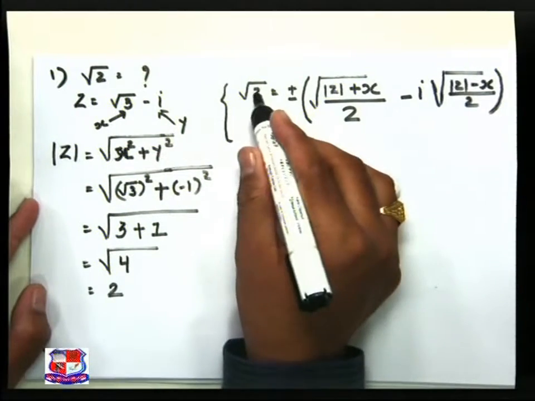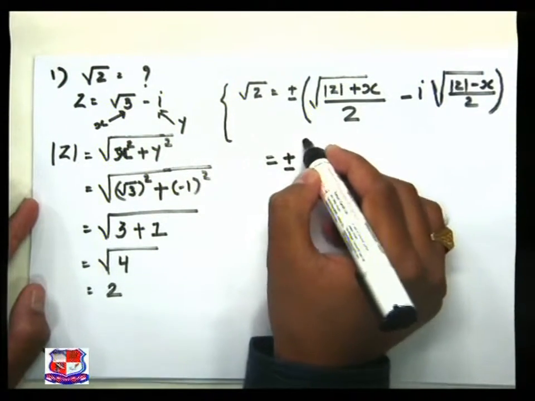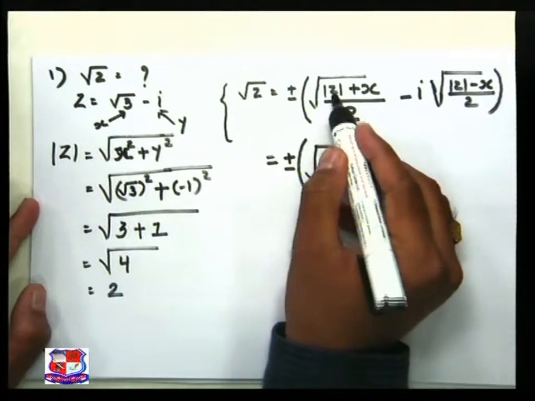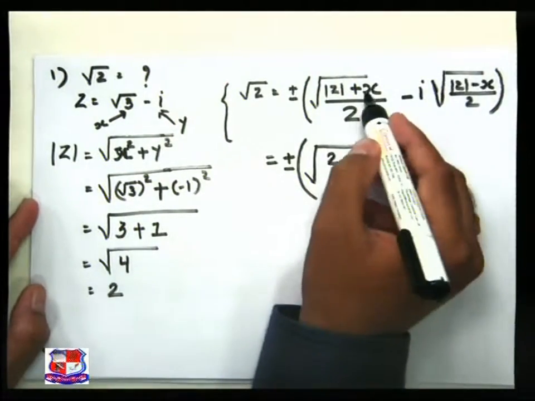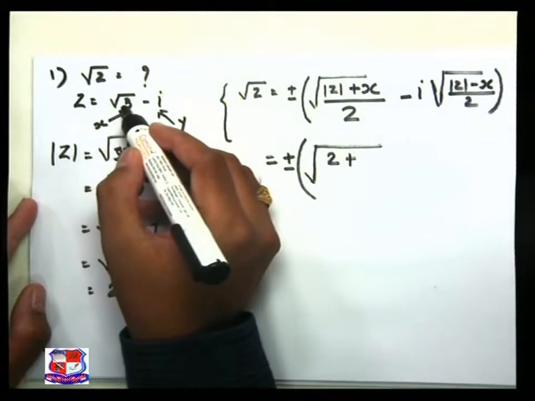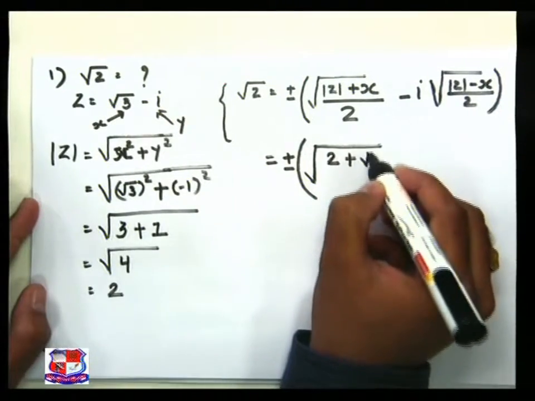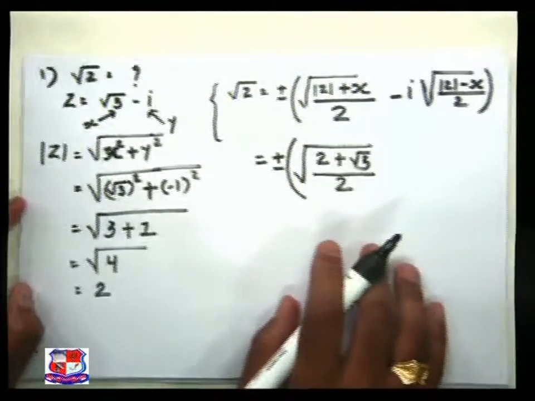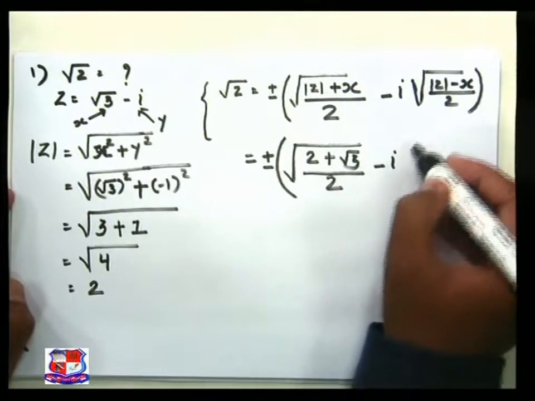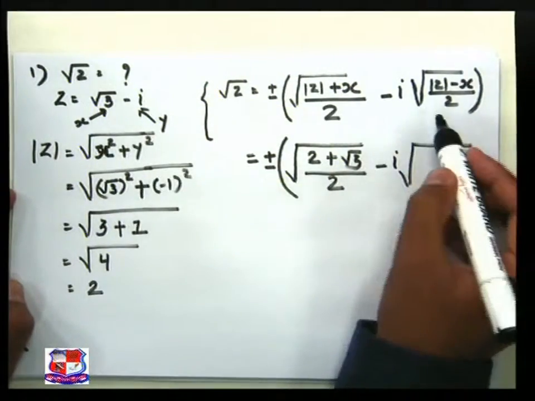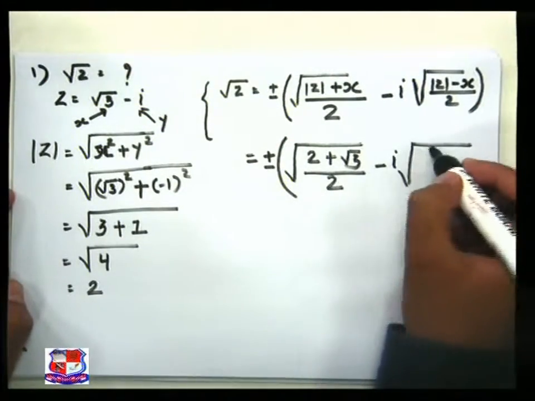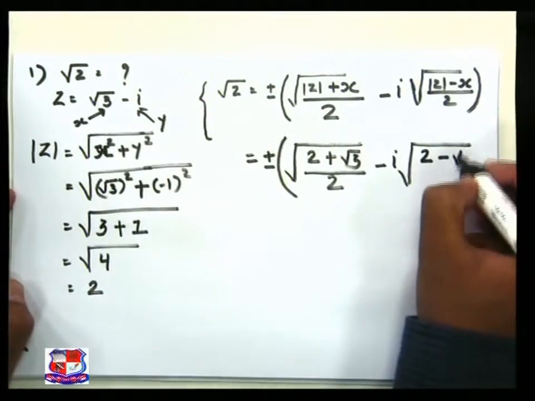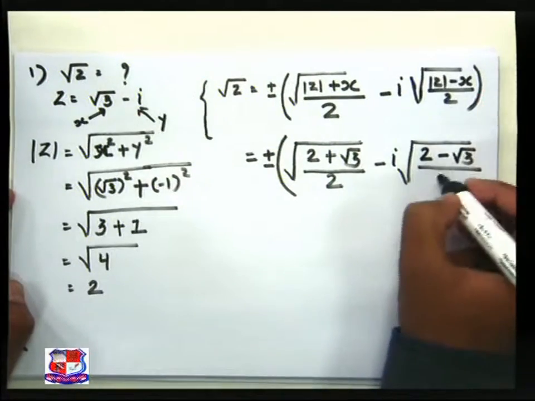Under root of z is equal to plus or minus under root of mod of z, here 2, plus x value, that is under root of 3, divided by 2, minus sign as it is, i as it is, under root of, again replace mod of z value, that is 2, minus x value, that is under root of 3, and divide by 2.